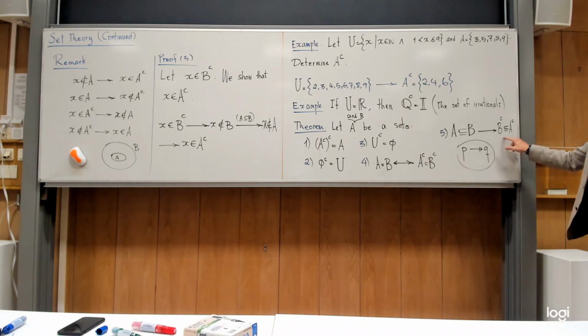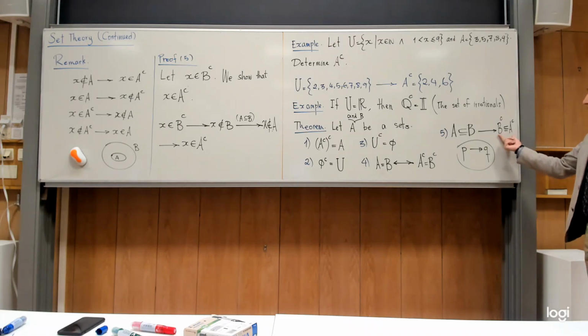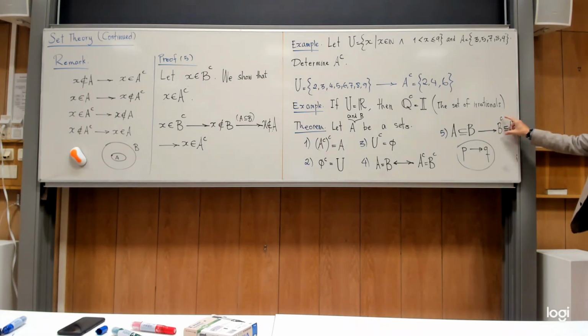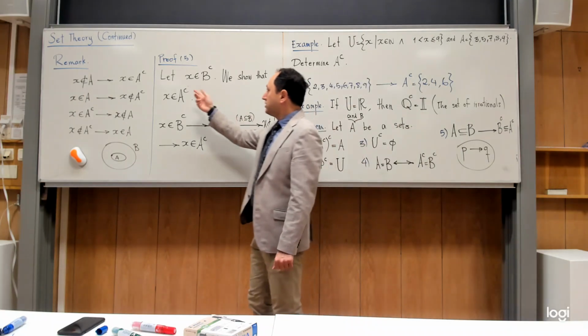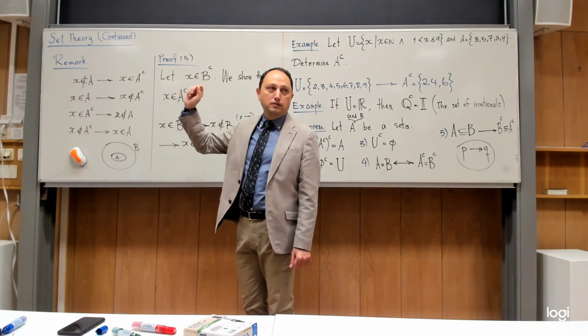When you want to prove something in set theory, ask yourself, if I want to show this, what do I have to do? If you want to show that a set is a subset of another set, you need to pick any element. Dimitri asked, how do we know that X is in B complement?